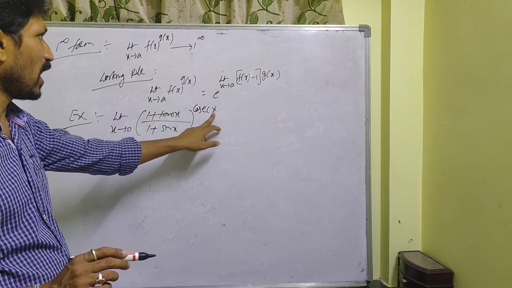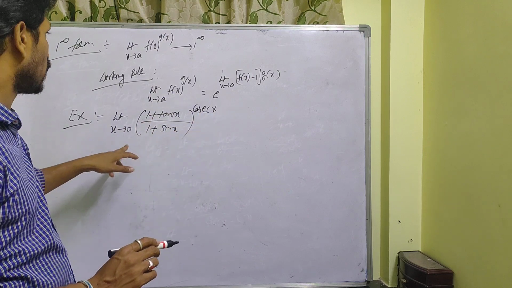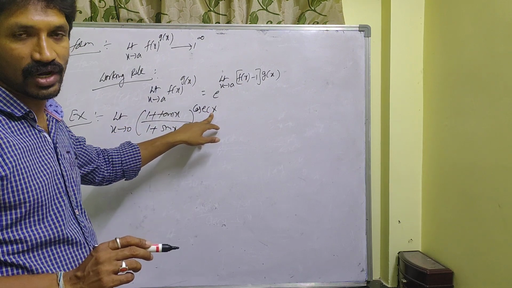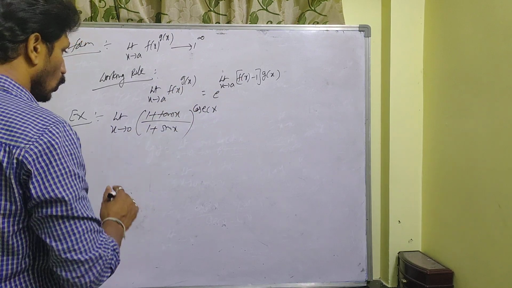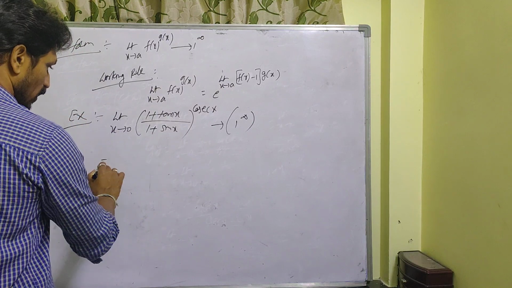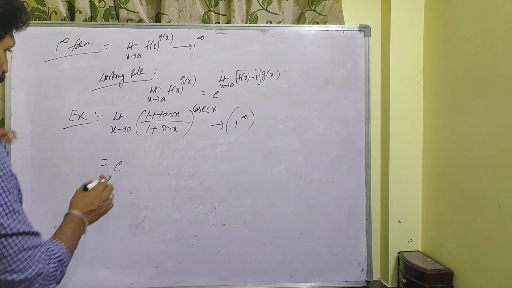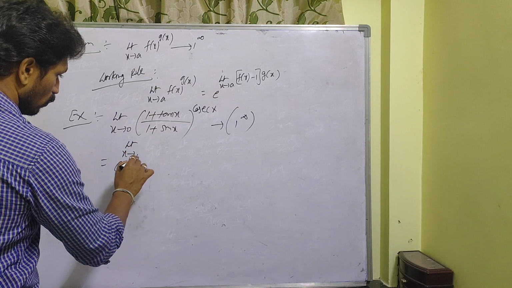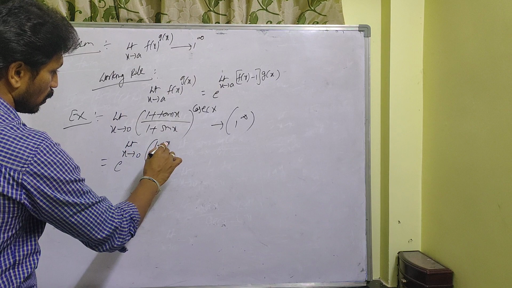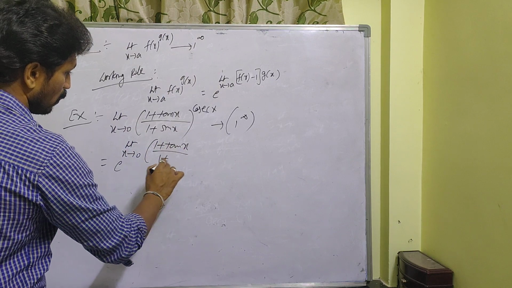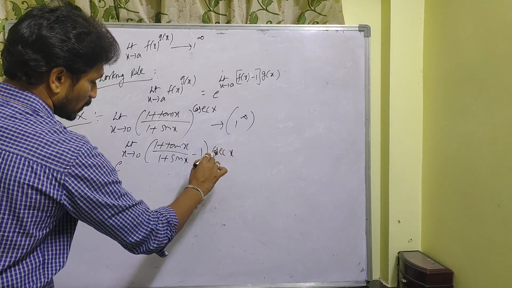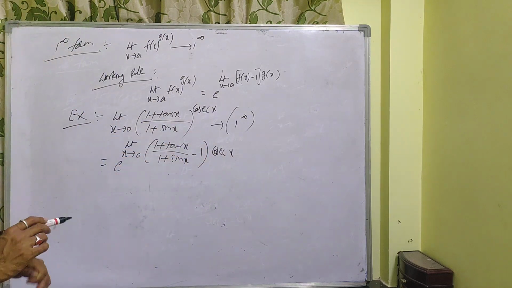So 1 power cosecant x, and as x tends to 0, cosecant x tends to infinite. So it is in the form of 1 power infinite. What we have to do is e power limit x tends to 0, where this is f of x and this is g of x: f of x minus 1, that is 1 plus tan x by 1 plus sin x minus 1, into cosecant x. The power should be written as a multiplication.